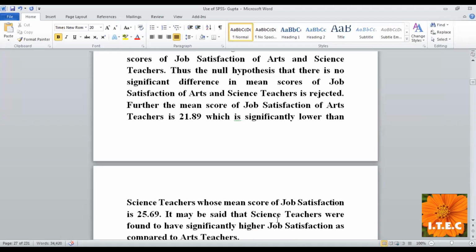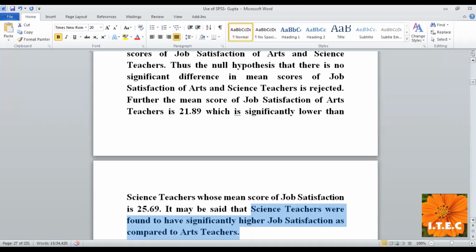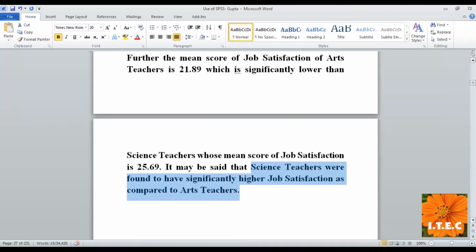Now this becomes my finding. So it is so simple that if you move systematically, then it is not very difficult to come out with the finding.